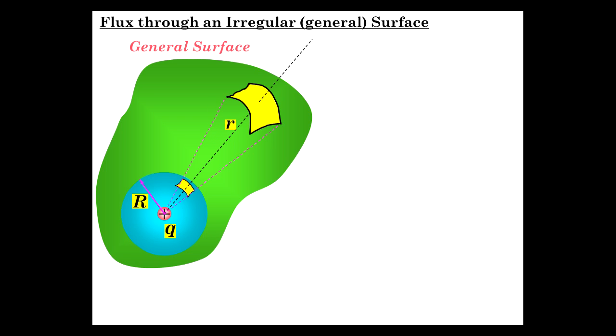Here's a radius line going outward. And the normal vector is not in line with it because the shape of the surface is odd out here, and it's continuously varying. So this is our differential area. This is our electric field magnitude. And we have the perpendicular part, angle phi, with respect to the electric field.